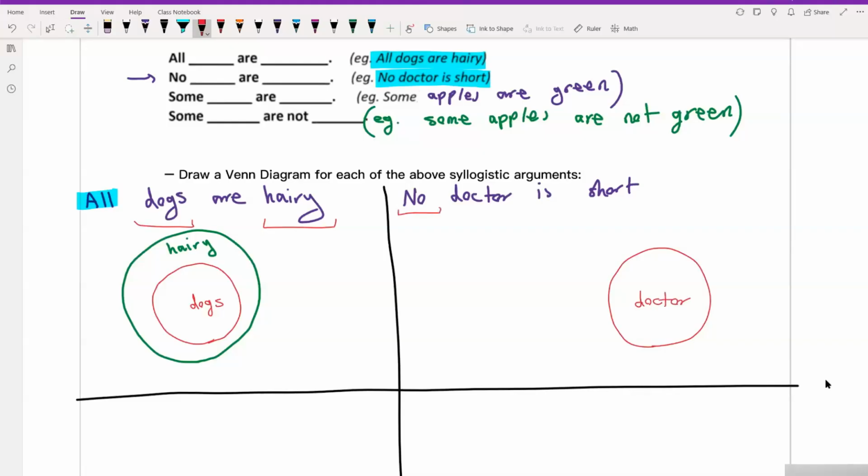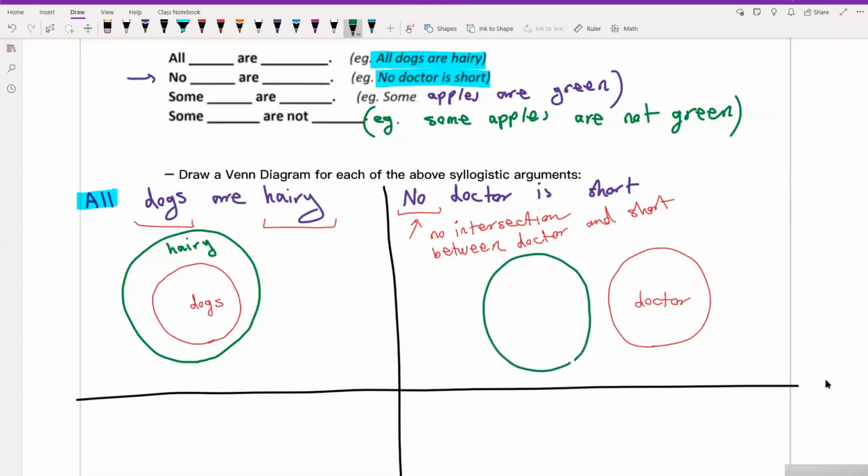Since we have "no," that means there is no intersection between doctor and short. Now the other one: drawing like this, I don't want to have an intersection between these two circles because of having "no." But this is what we have for the second part.